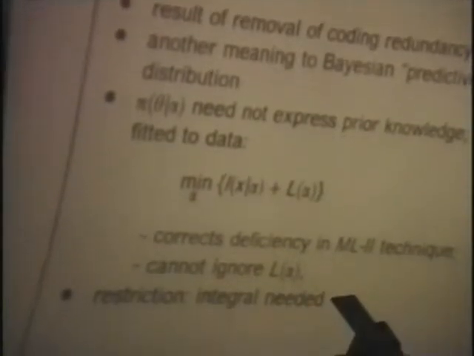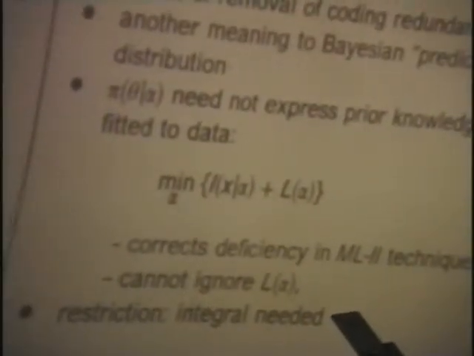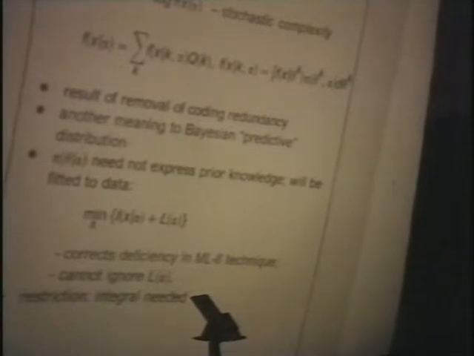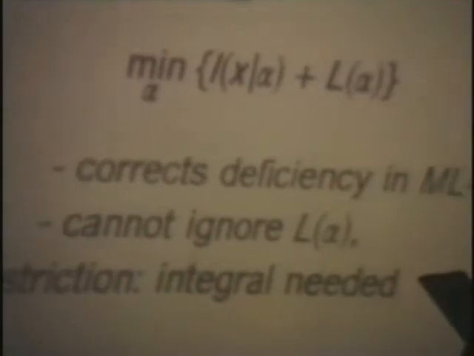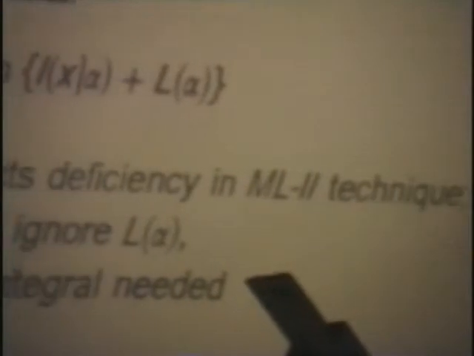So we get these familiar conjugate priors model classes where we can actually work out the integral, and we have nuisance parameters. In this Bayesian ML2 technique it has been suggested that you should maximize the predictive density, which amounts to the same thing as minimizing the stochastic complexity with respect to the nuisance parameters.